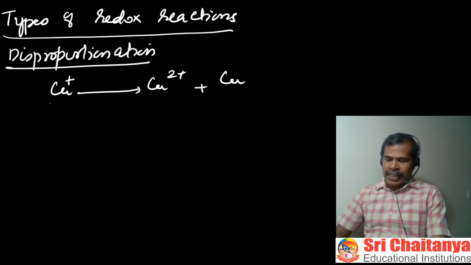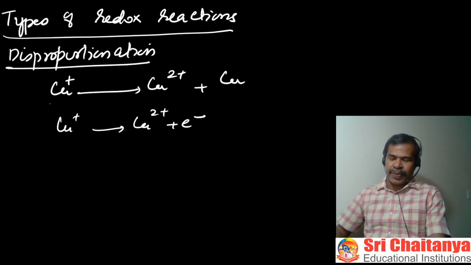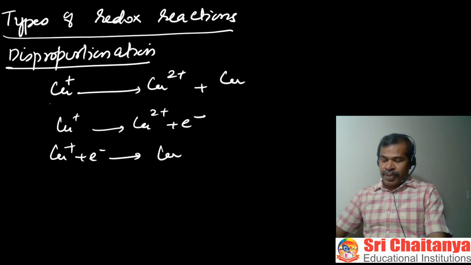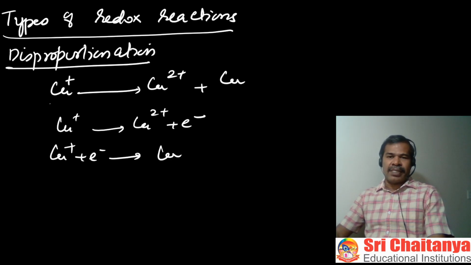So Cu+ has become Cu2+, that is, Cu+ gets oxidized to Cu2+ by losing an electron. And Cu+ gains an electron to give you Cu. So the same element from one oxidation state changes to 2 different oxidation states. That is called a disproportionation reaction.